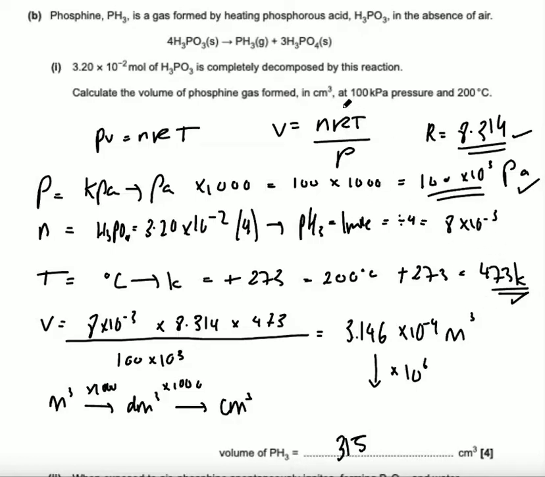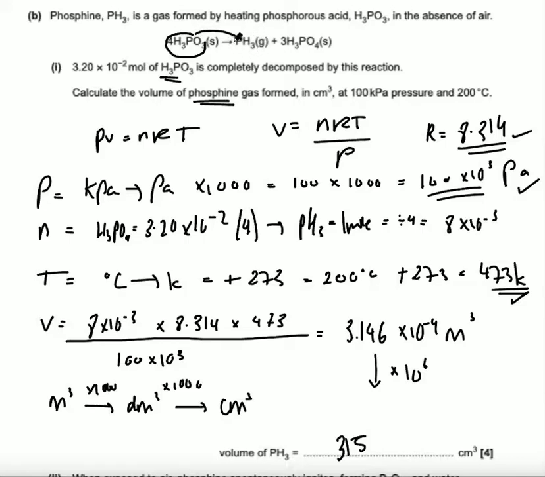Now for moles, we've been given 3.2 times 10 to the power of minus 2 moles for phosphorous acid, and we want the phosphine gas formed. So this is the number of moles being given, but this is for a ratio of 4, and we want for PH3.